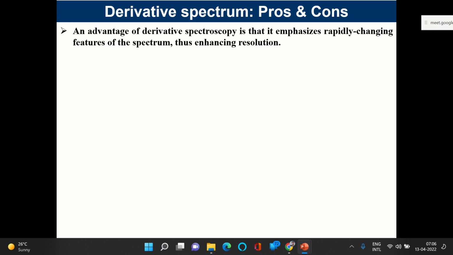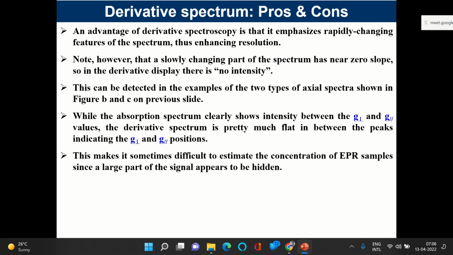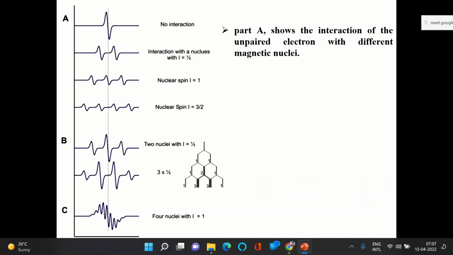Today, moving forward, we also discussed, you remember, the pros and cons of the derivative spectrum. There was then the splitting pattern, and I told you that whenever you draw the splitting pattern, the intensity should also be divided into the components, gradually reducing.